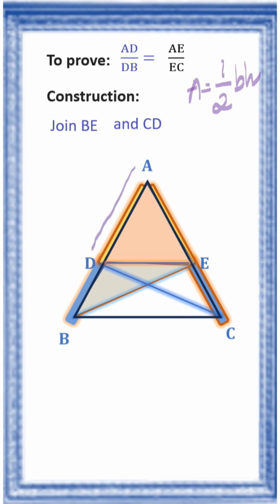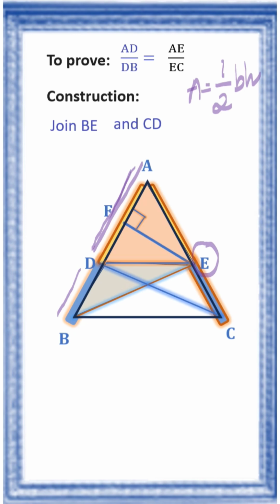Triangle BDE can also have the same perpendicular. So now we have to draw a perpendicular from the opposite vertex. The opposite vertex to AD is E. So from E, drop a perpendicular to AB. This perpendicular serves as the height for both the triangles.